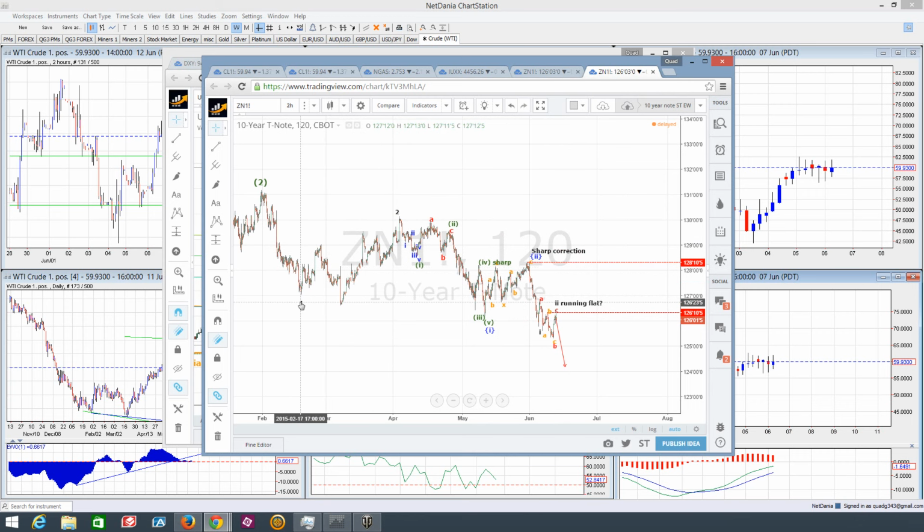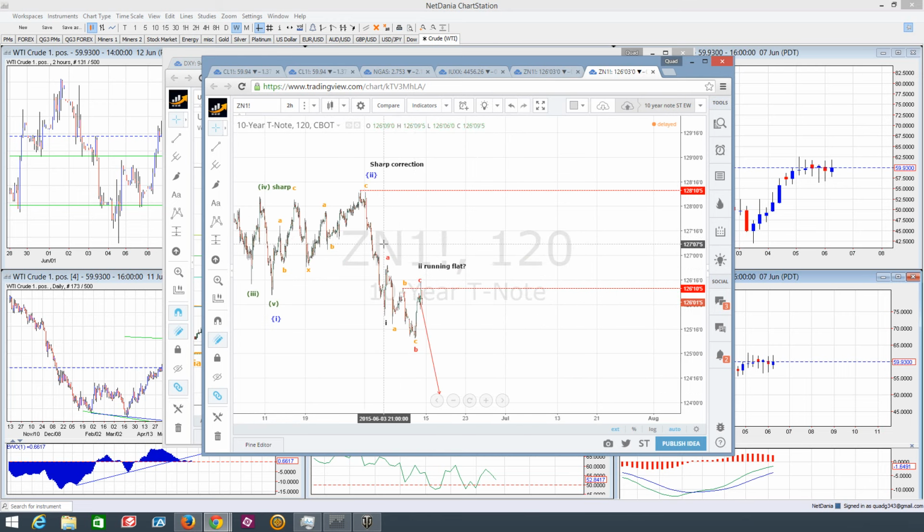We have wave 1 down, a wave A, wave B, and then two waves to the upside, and it looks very similar to this development right here, fractally just smaller, as you can see.